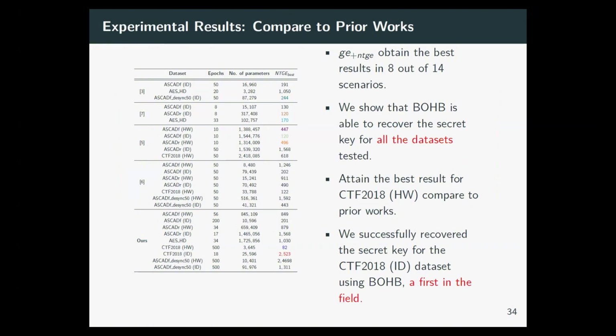Next, we also show that using BOHB is able to recover the secret key for all the datasets tested. In fact, this is much more important for the evaluation lab, where it's more important to break the dataset than to just get the best result. For example, if I have 1,000 different datasets and primitives to be tested, it's more important for an evaluation lab to break all these 1,000 datasets than to just break one of them and not break every other one, even if that one obtained the best results.